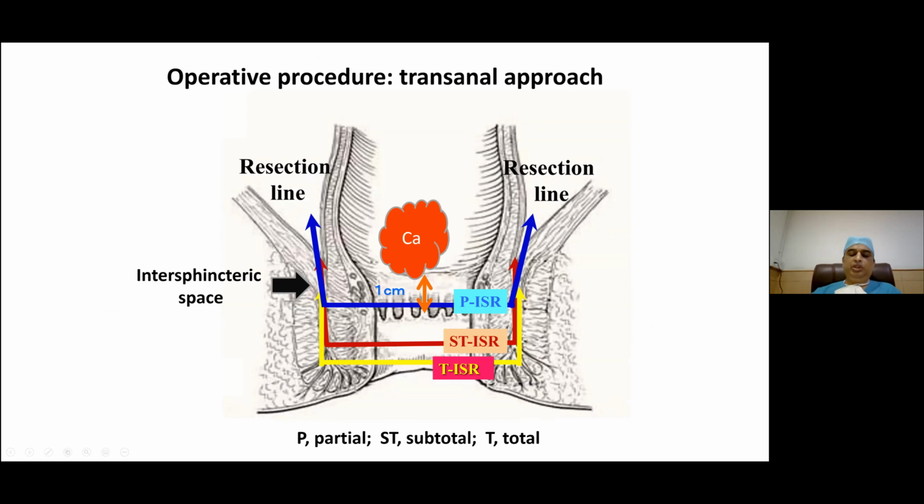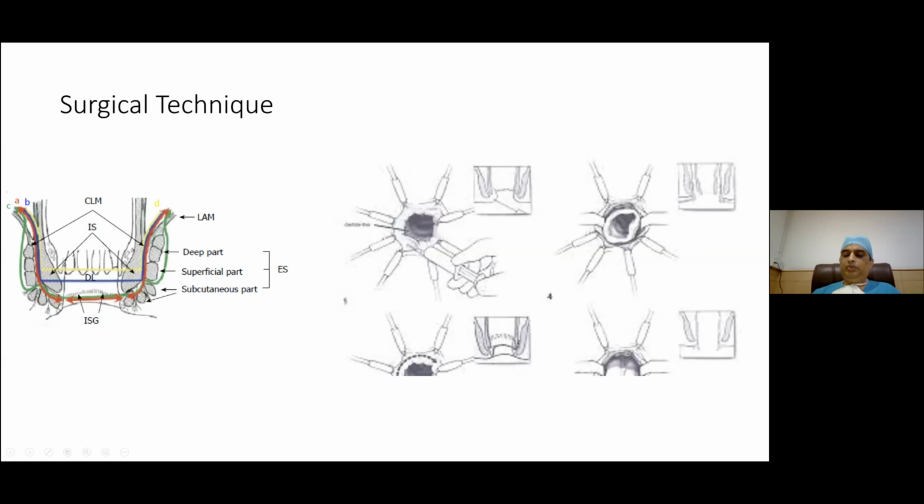And always doing it in the Lloyd-Davies position is important, and always use adrenaline or lidocaine to take care of the bleeding. Use a Lone Star retractor, identify the clear margin from the tumor under vision, and if it is doubtful, then send it for frozen section, and then do a coloanal anastomosis.